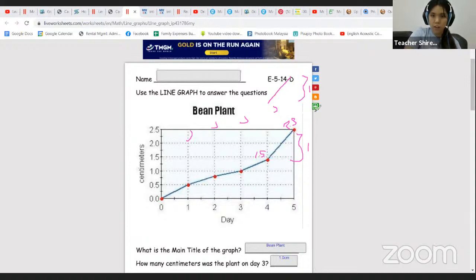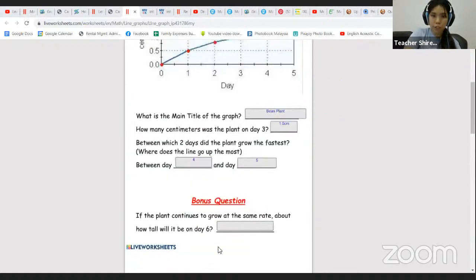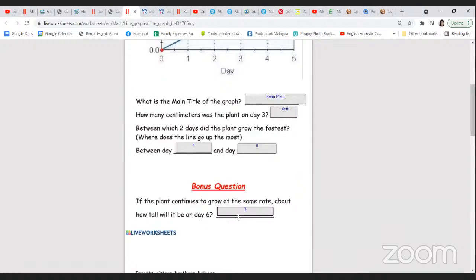On day 6, it continues, what will happen? The difference is again 1. So 2.5 plus 1 will grow into 3.5. Understand? Okay. So that's 3.5.